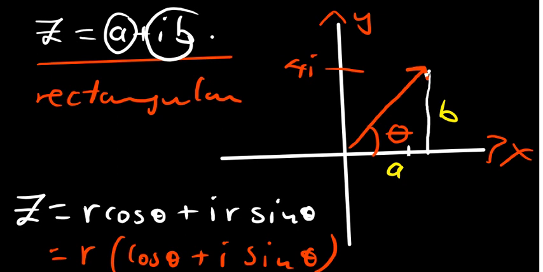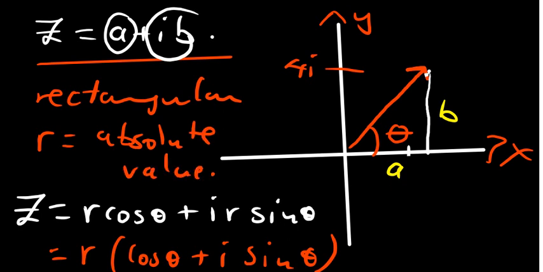If you look at this form that I've written down, r is basically the absolute value. Are we together? R is the root of a squared plus b squared. So if you know your a and your b, you're able to find the value of r.